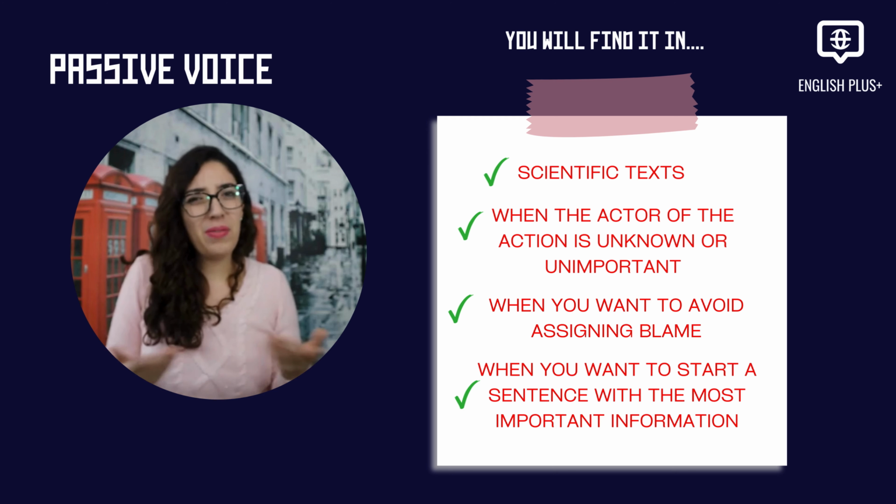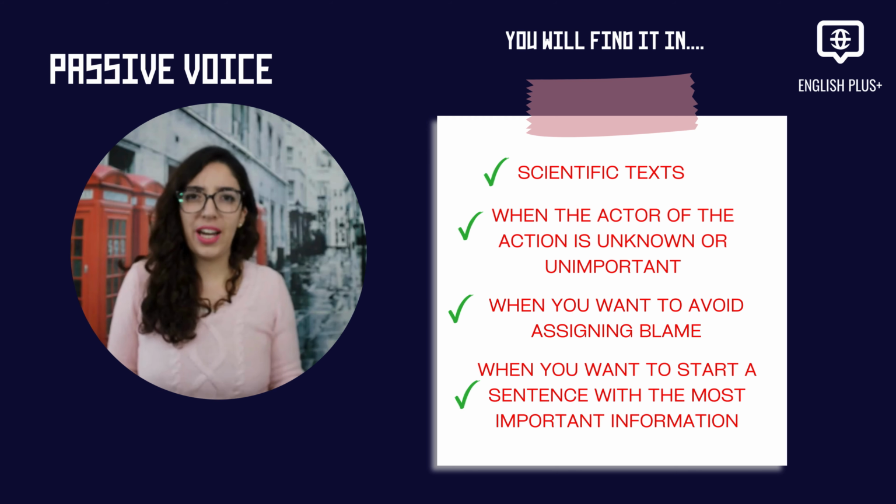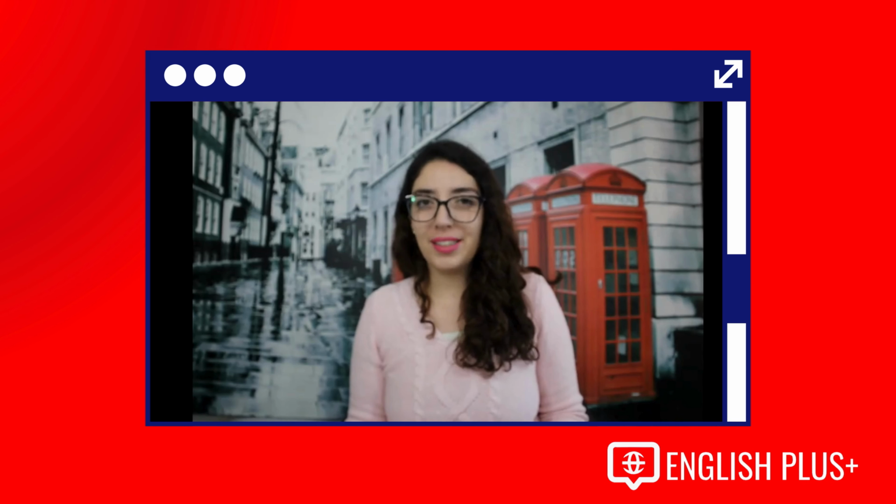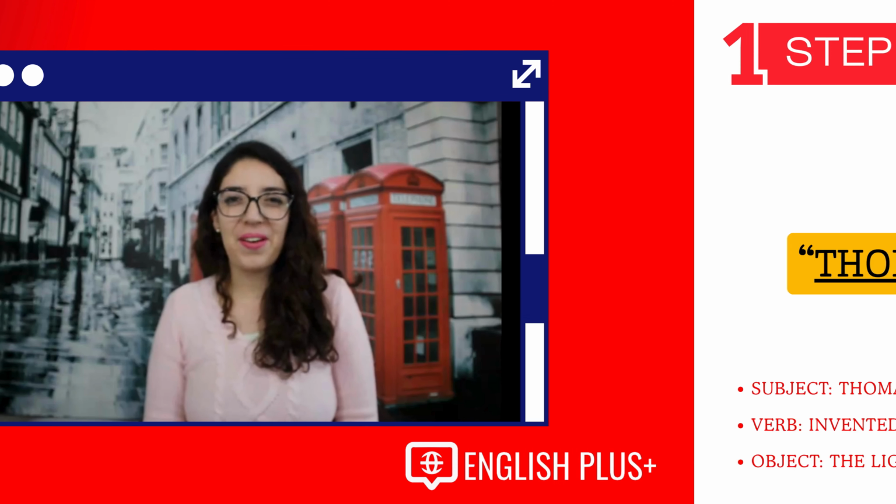That means maybe you don't know or you don't care about this. You also use it when you want to avoid assigning blame, or when you want to start a sentence with the most important information. To transform a sentence into the passive voice, we just need some very easy steps. Are you ready? Here we go.